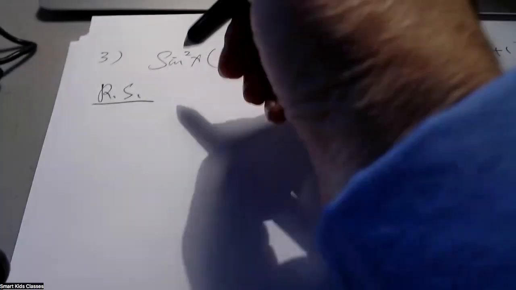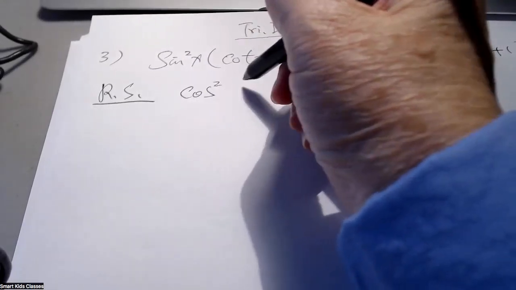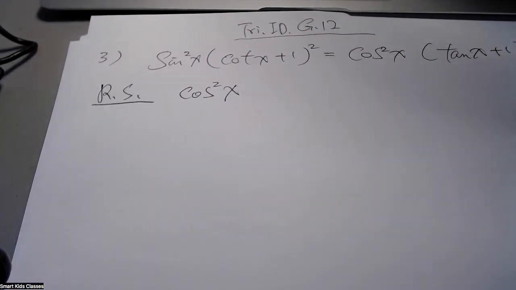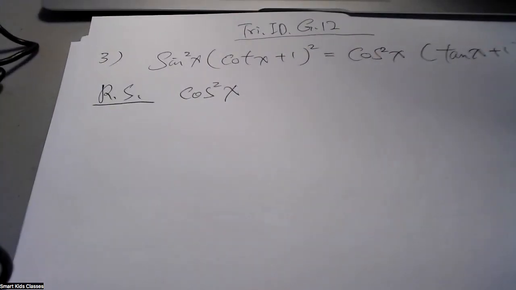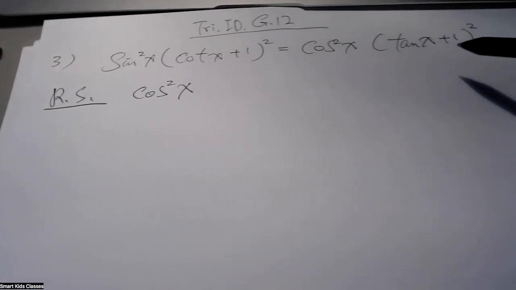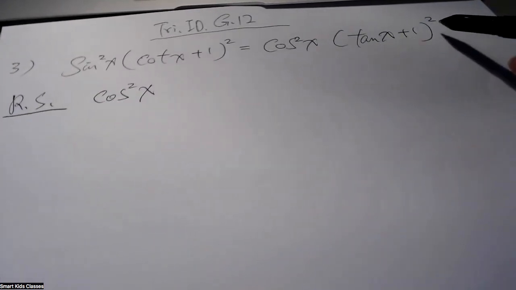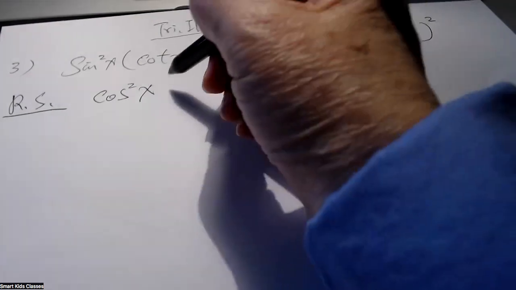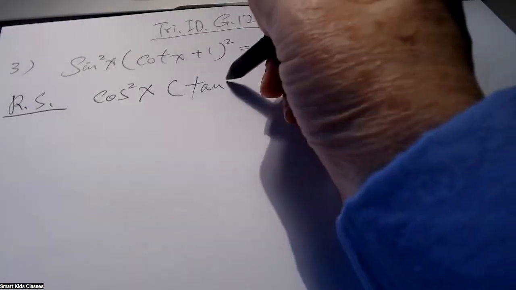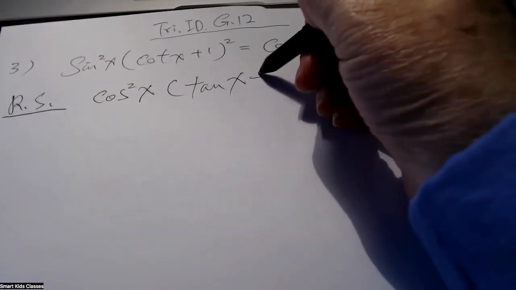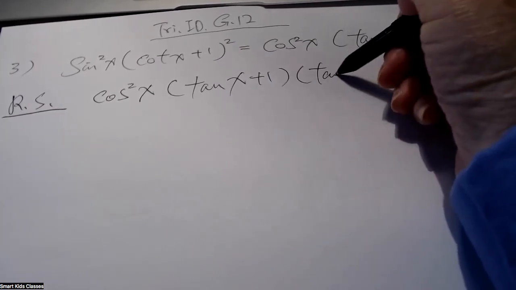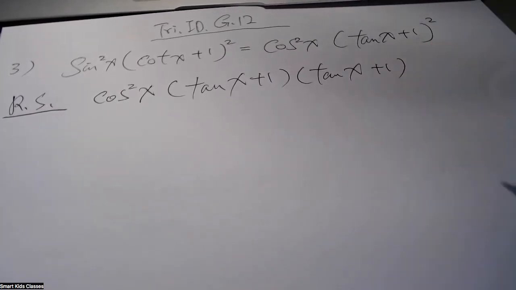Now, the right side is cosine square x times the bracket. So we write this exponent 2 as 2 brackets, tangent x plus 1 times tangent x plus 1.